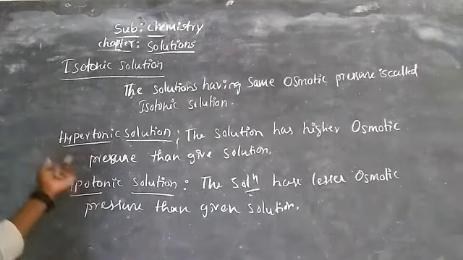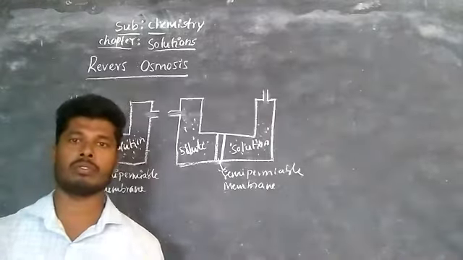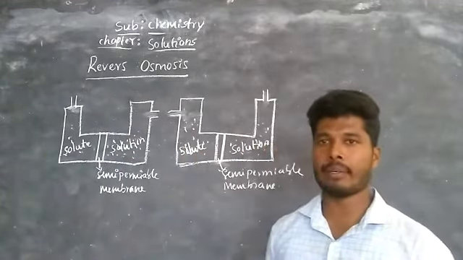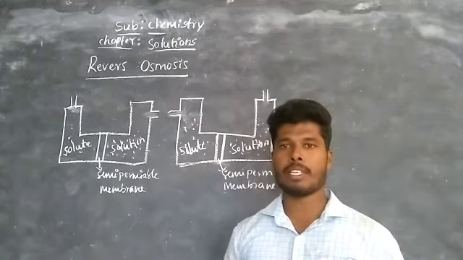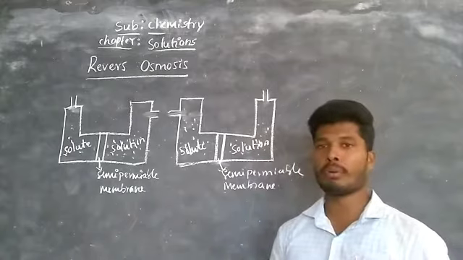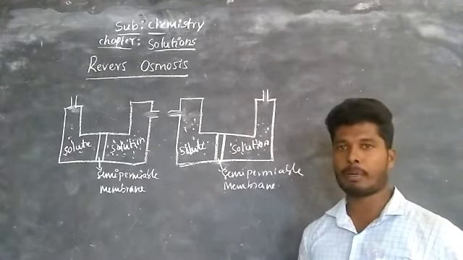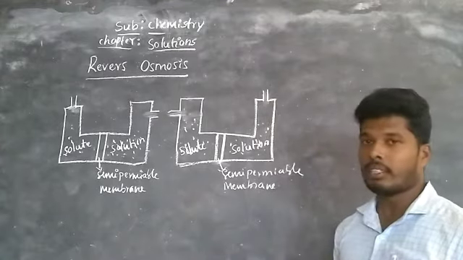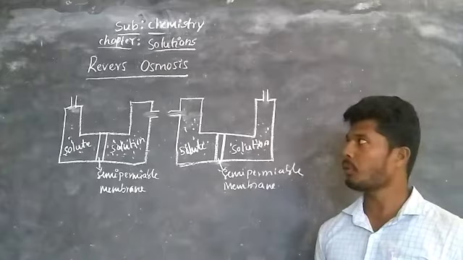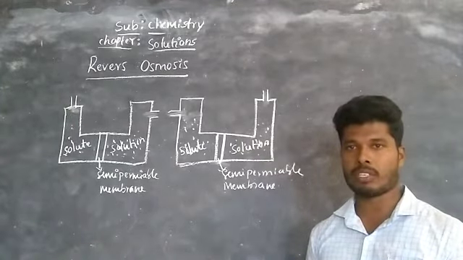Now, after knowing these, take reverse osmosis. The next concept is reverse osmosis. Already you know what is meant by osmosis and the examples, then the mathematical equation, and you know osmosis is the best example for a colligative property, and the mathematical equation is given by van't Hoff, and also you know dilute solutions obey the ideal gas equation. Okay.